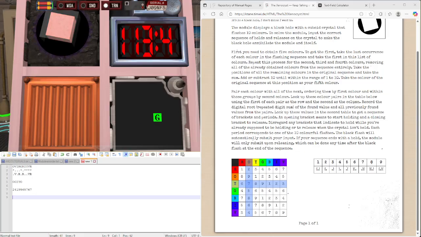Got the fan value and all previously found values in the pairs. So that's 2, 6, 7, 7.